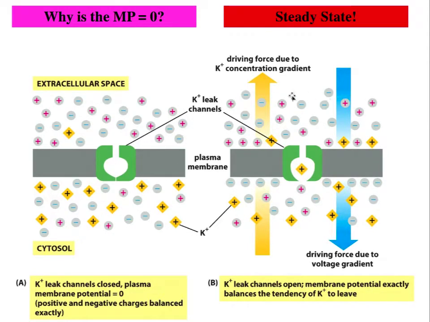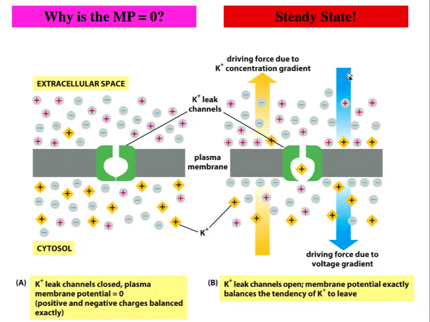The reason we have two arrows is that in this case, for potassium, there are two forces at work. The first, the yellow arrow, is because there's much more potassium on the inside of the cell than out, and the potassium is forced to go down its concentration gradient. This is chemistry. The blue arrow is physics.